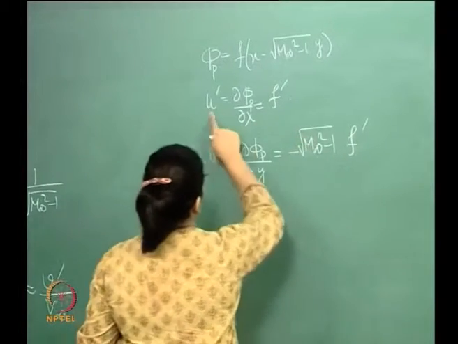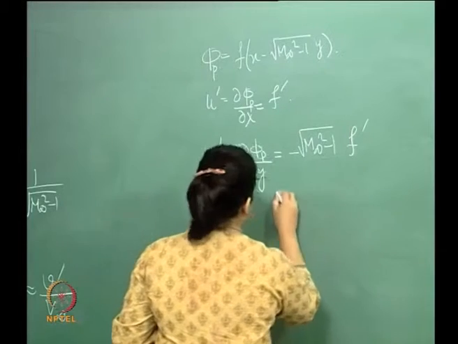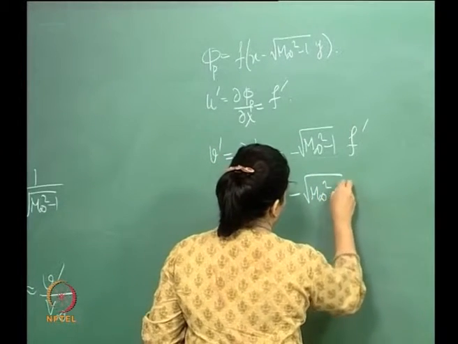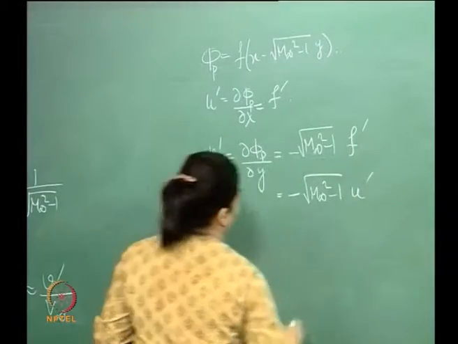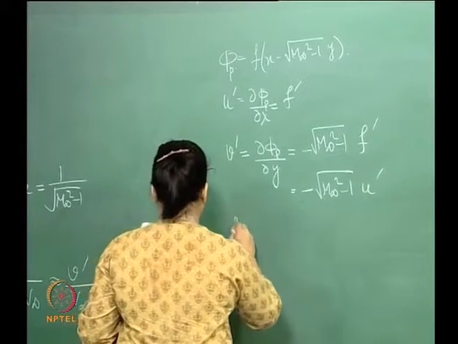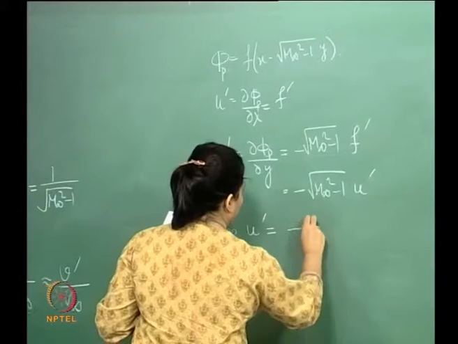But f dash is equal to u dash, so therefore I can also write this as this. So I can write that u dash is equal to this.